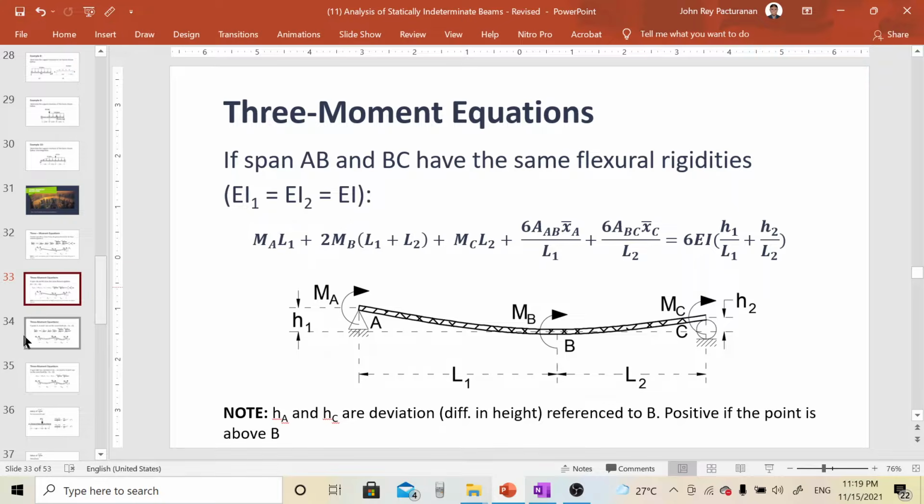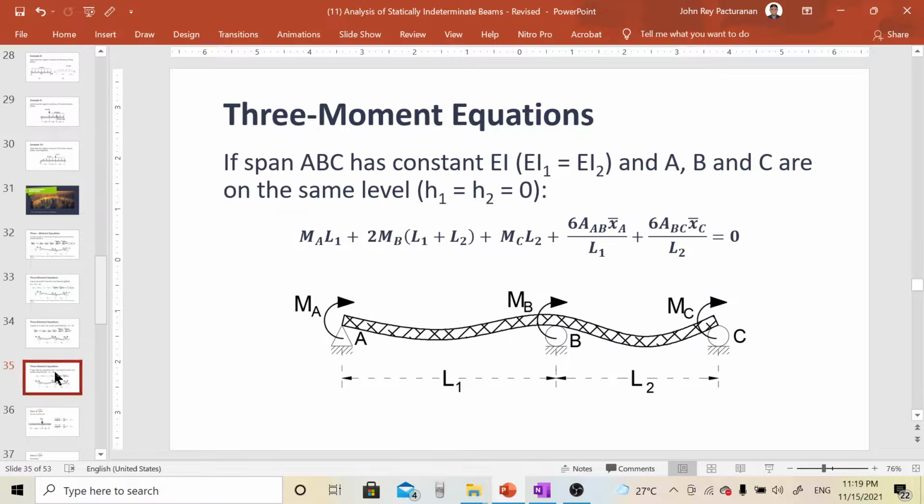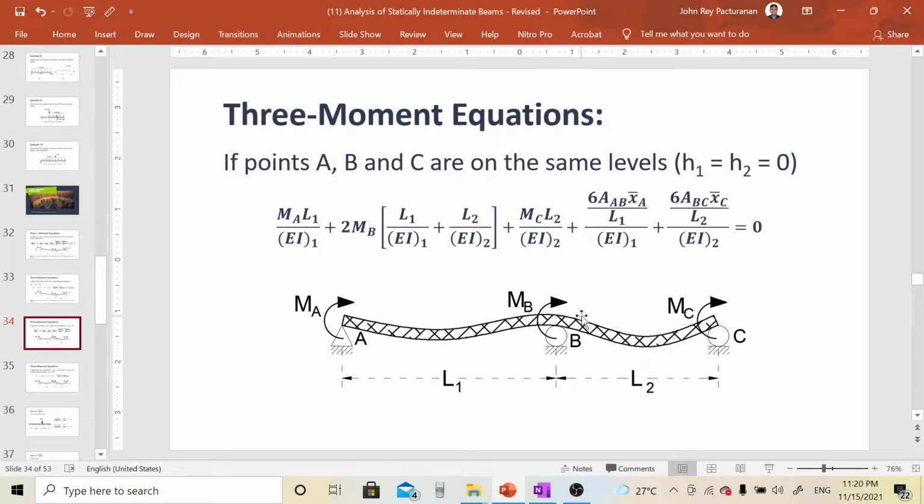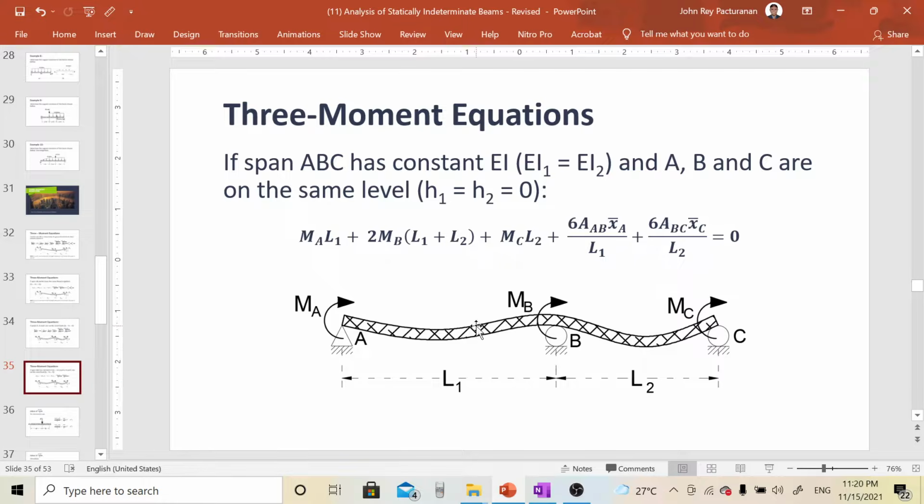But since this is simply an introductory part of the three-moment equation, and it is heavily used in continuous beams, and most continuous beams have leveled supports, I will just use equation 3, this one, because we assume that maybe the first span has a different EI compared to the second one. Okay, so I think we are now ready for part 2 of this video.